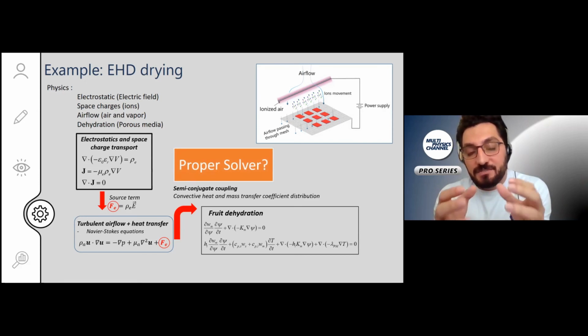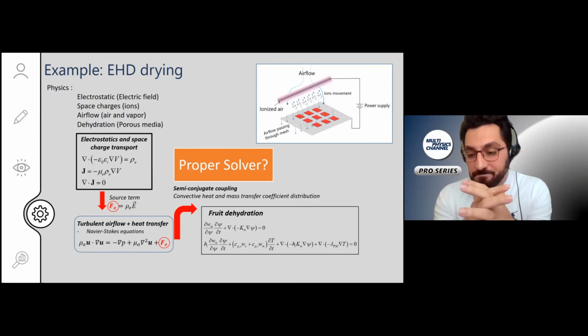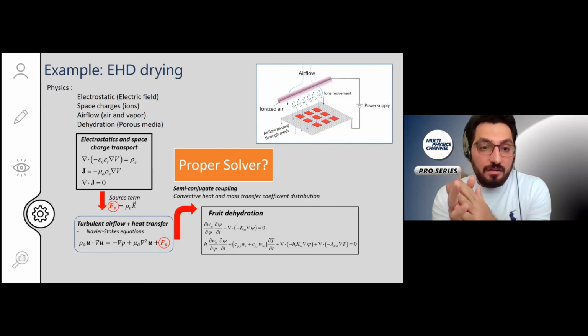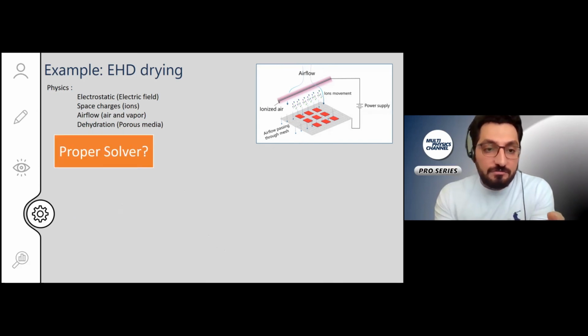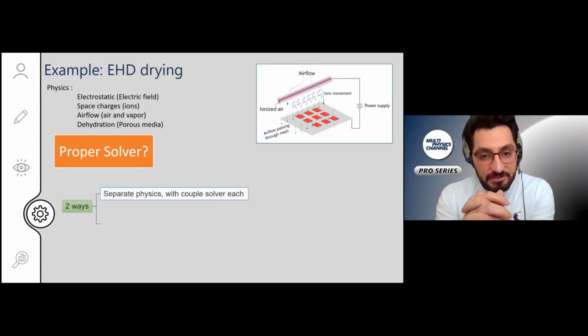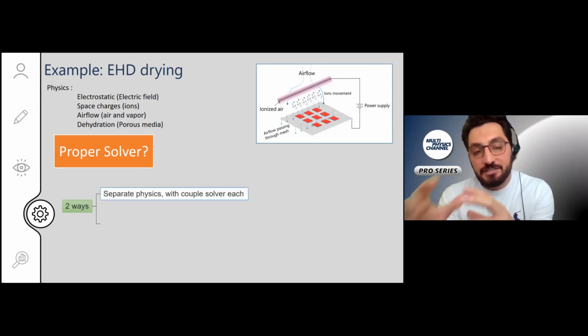So that's a question for you. What do you think is the proper solver here? Maybe you can think for a few seconds. Based on all this physics that we have and this complex geometry, there are different ways to go, but I chose two ways. The first way that I did is that I separated the physics with a coupled solver in each.